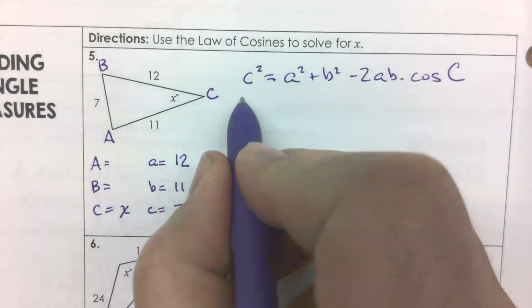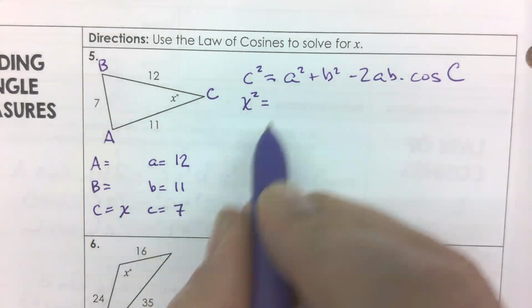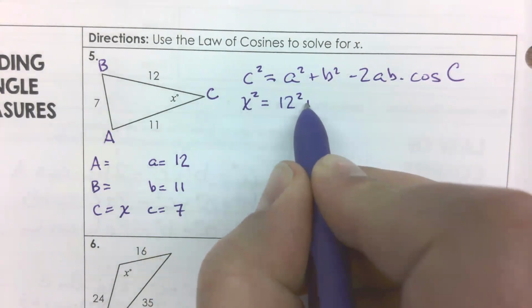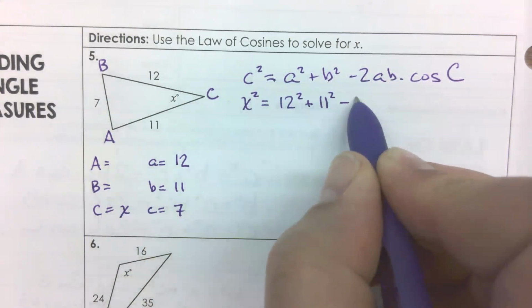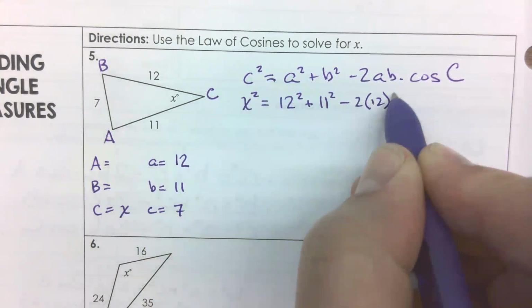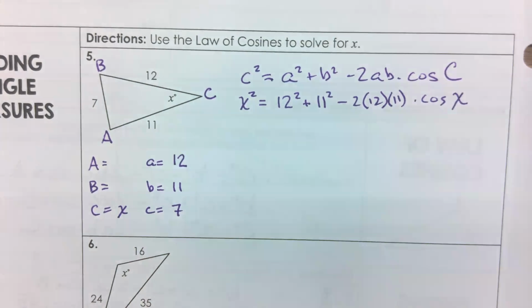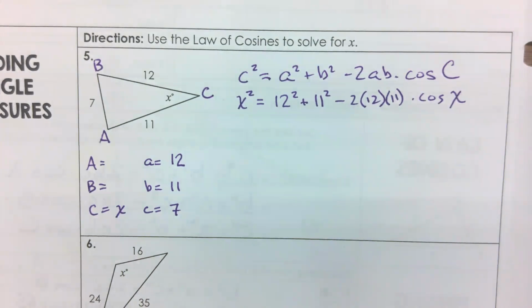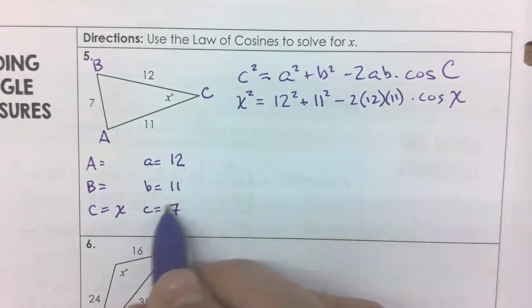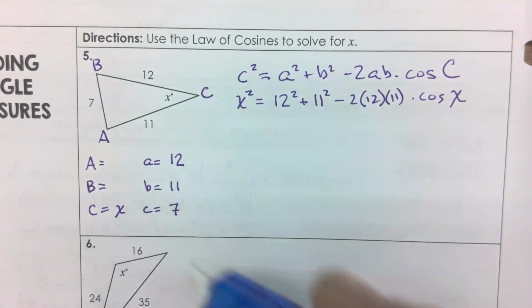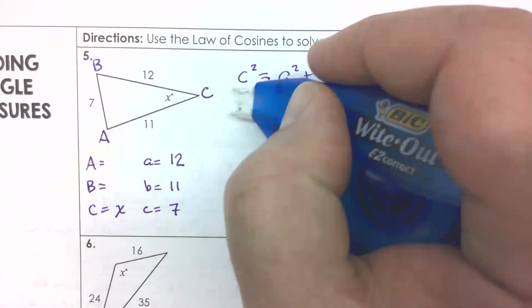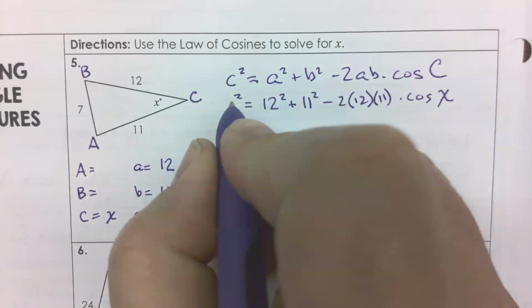Let's plug them in. X squared equals 12 squared plus 11 squared minus 2 times 12 times 11. Sorry. Yes, wouldn't x squared be 7? Thank you. You're right. I was thinking about a different problem. This one is 7 squared to start.